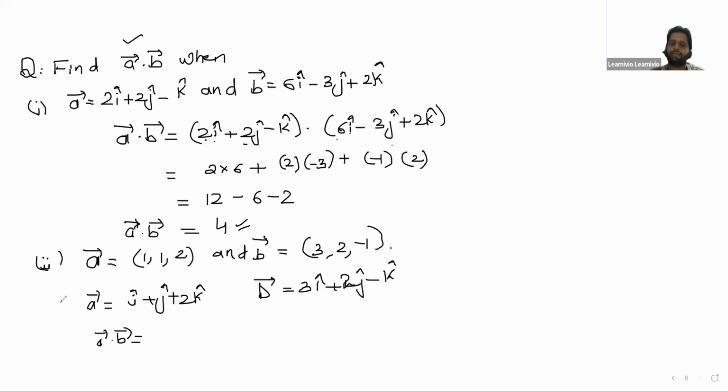So A is this and B is this. You have to find the dot product. Check this case, and solve this and share your answer. Very good, Nabil. It is correct.